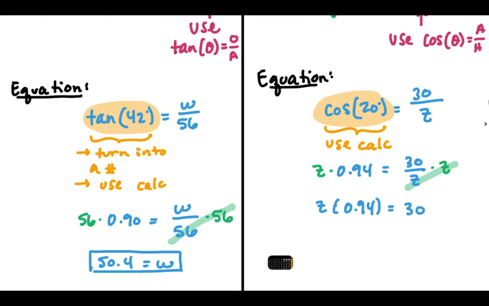We'll put this in parentheses. Okay, now I still want to get z by itself, so now I'm working on this side. I want to get rid of 0.94. I'm currently multiplying by 0.94, so to do the opposite of that, let's divide by 0.94. Okay, so now my 0.94s cancel.